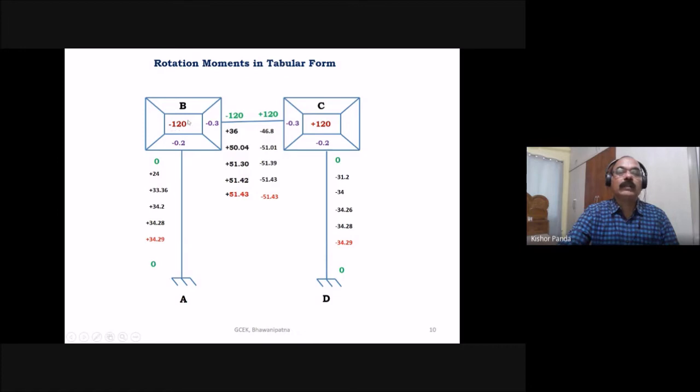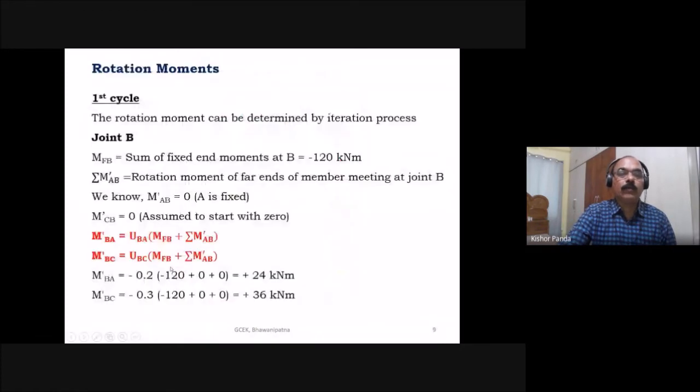And you know the fixed end moment of joint B and you know the rotation factor. Then you can find the near end rotation moment M dash BA. M dash AB is the rotation moment of the far end of the member meeting at the joint, and MF is the sum of fixed end moments at B, minus 120 kilonewton meter.